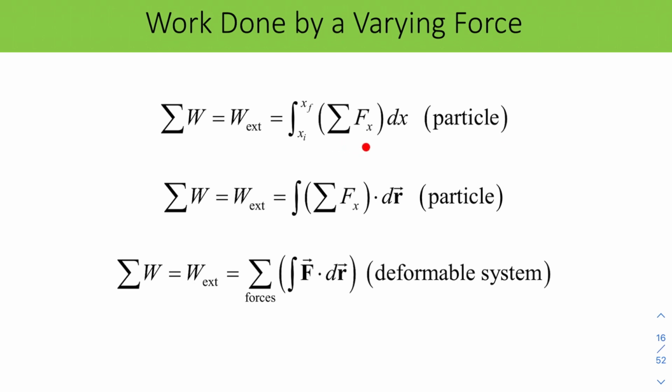So we can rearrange this one. Instead of using only x, we may put it in general dr because it could move in x and y. It could have a change in x and y position at the same time, so it is better to place dr. But if our system is a deformable system, for example a balloon, when you squeeze the balloon, it's deformed, isn't it?